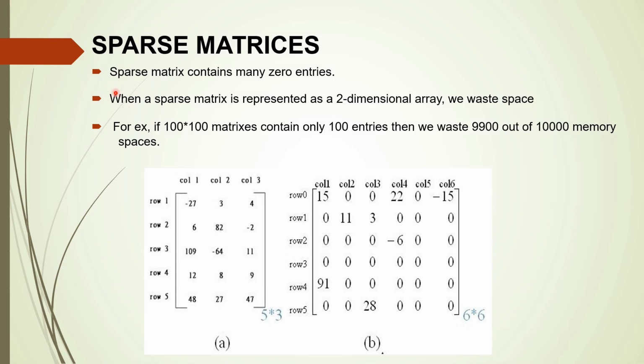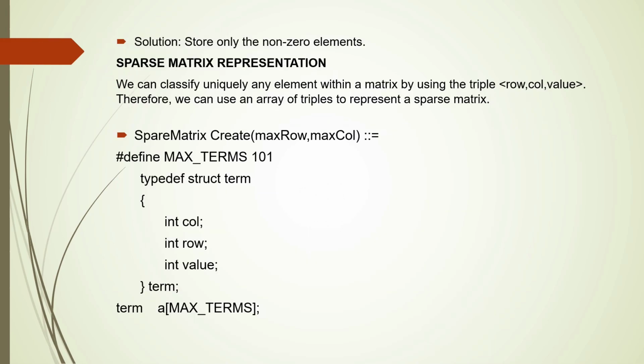For that you are going to make use of a method called the row column value method. You know the disadvantage of a sparse matrix is that it contains more number of zero entries. Here we are going to solve that problem.